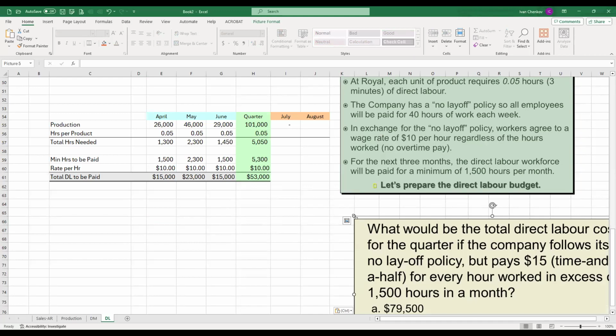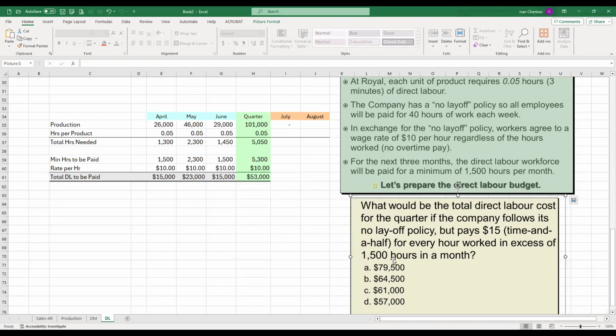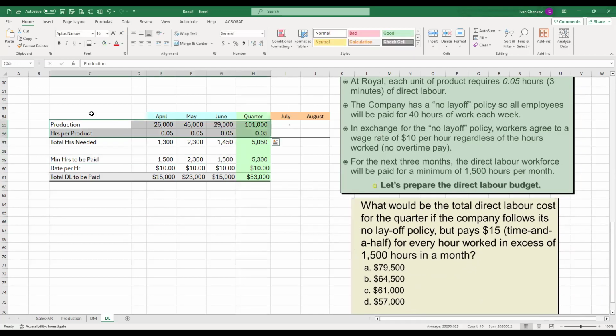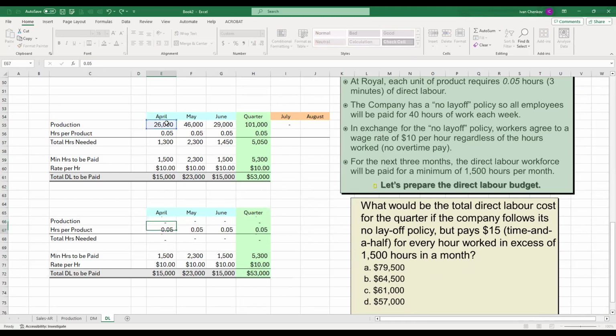The question is, what would be the total direct labor hours cost for the quarter? What will be the cost for this quarter? Let's copy it so we can see it and compare it with the question. This will be production here.